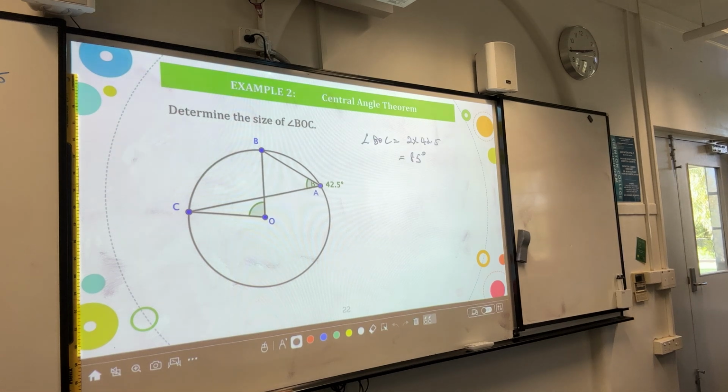Of course, it's double that. And then again, I give the reason. That's all. Generally, a question like this, we will ask you to prove, and then at the end, hence or otherwise, what is the angle, all this sort of stuff. All right.